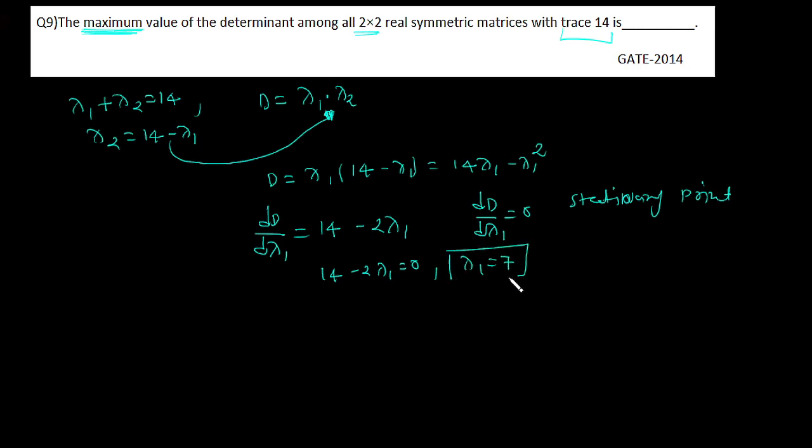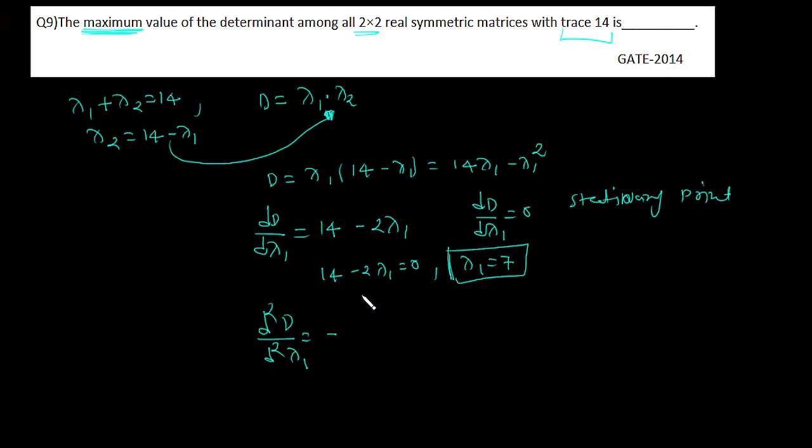Now to make sure that this stationary point corresponds to the maximum value, for checking that we have to take the second derivative of this determinant. So let's differentiate again with respect to lambda 1.